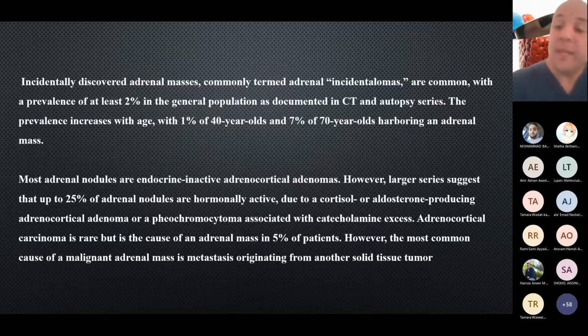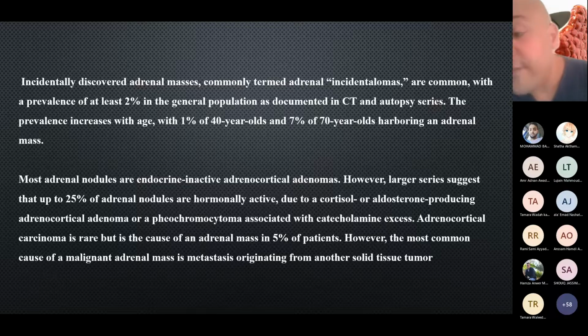We all know, or you should know, that the prevalence of these masses that are discovered incidentally increases with increasing age. Now, the vast majority of these adrenal incidentalomas are non-functioning, okay?